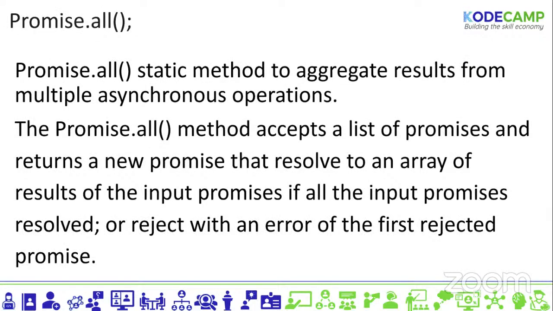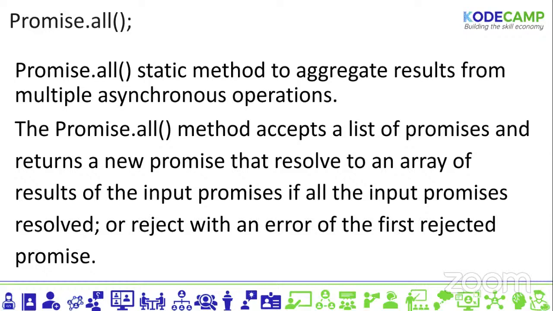So we go over to how we use promise.all. promise.all is a quite simple static method, used to aggregate results from multiple asynchronous operations. The promise.all method accepts a list of promises.